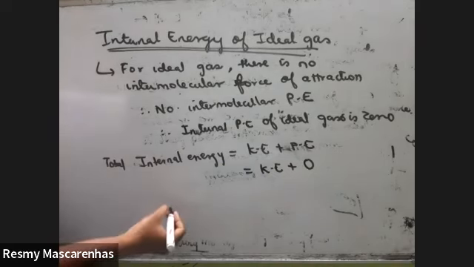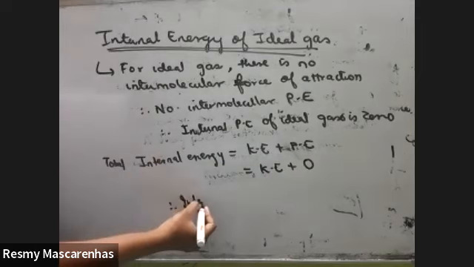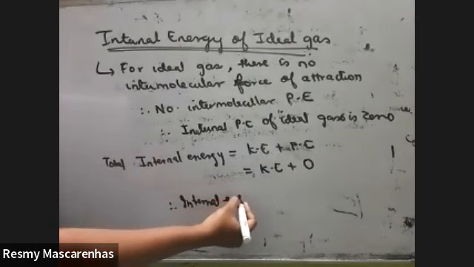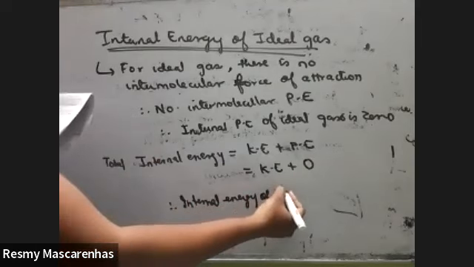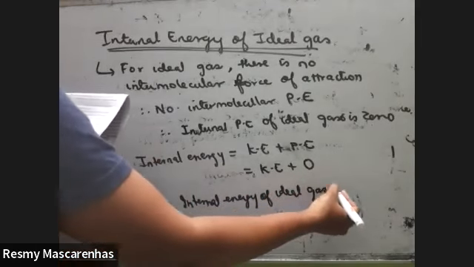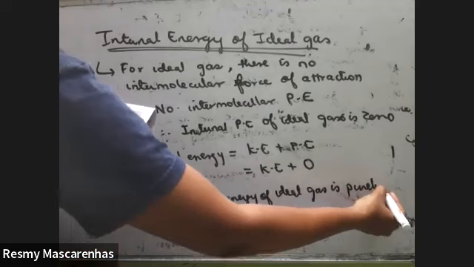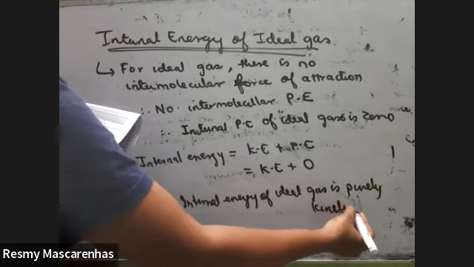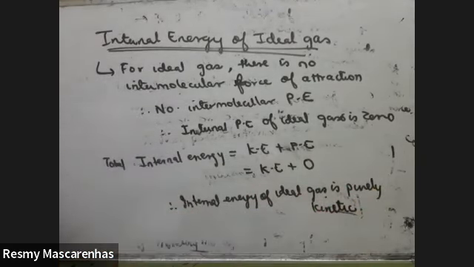Therefore, I can say, therefore, internal energy of ideal gas is purely kinetic. Because potential energy is zero because for ideal gas there is no force of attraction. When there is no force, means no potential energy.